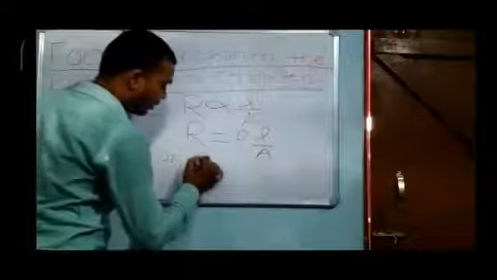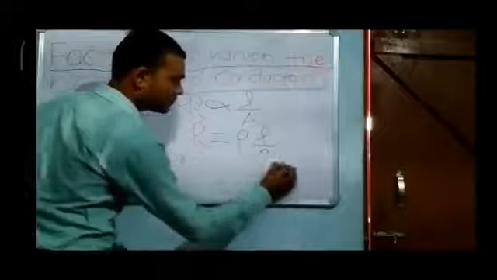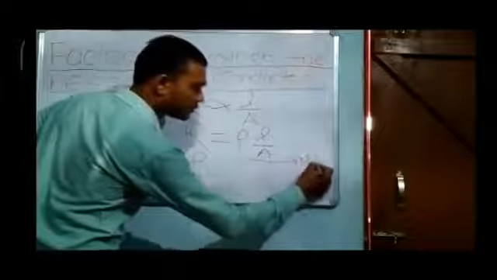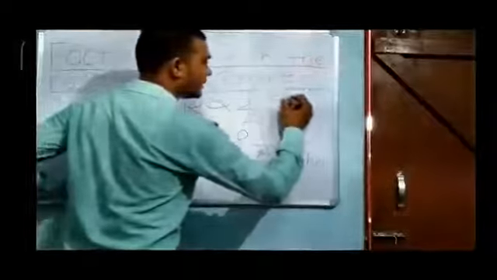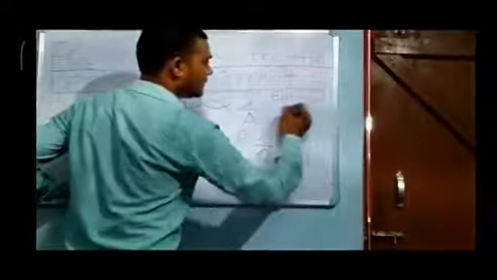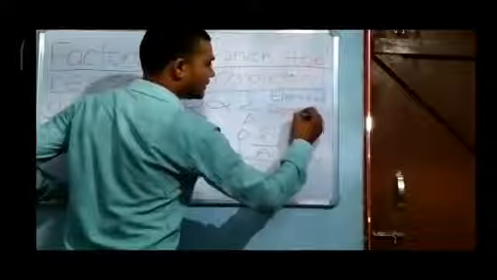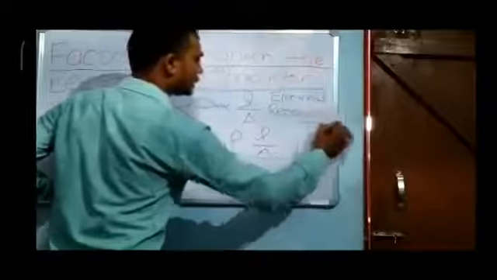By this way we get the value of rho, which is electrical resistivity.